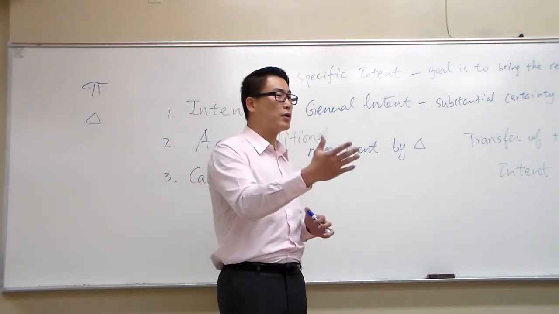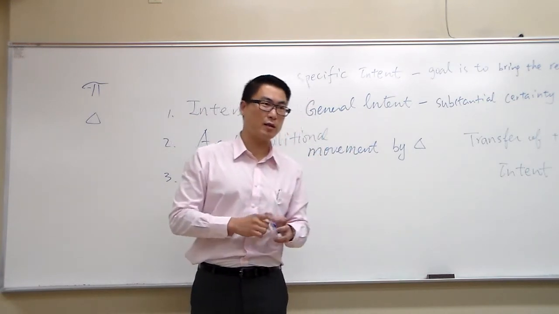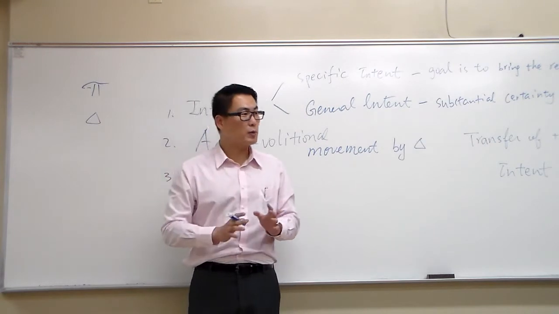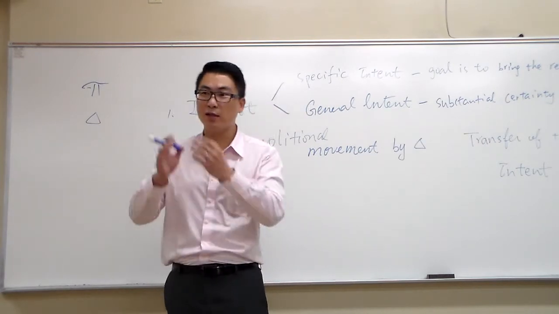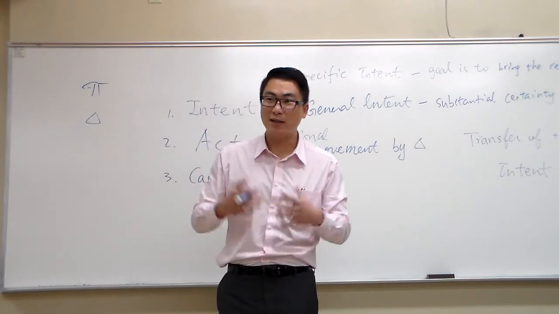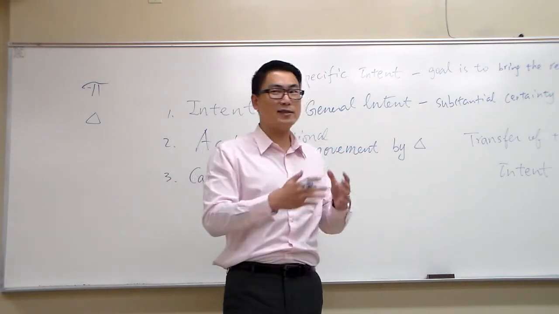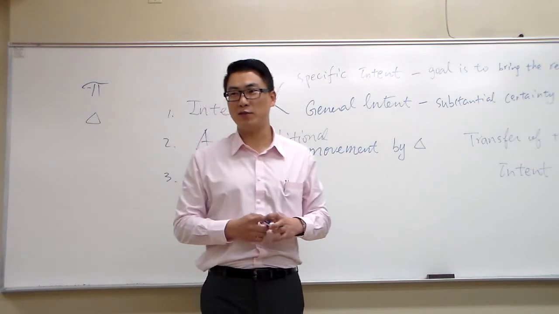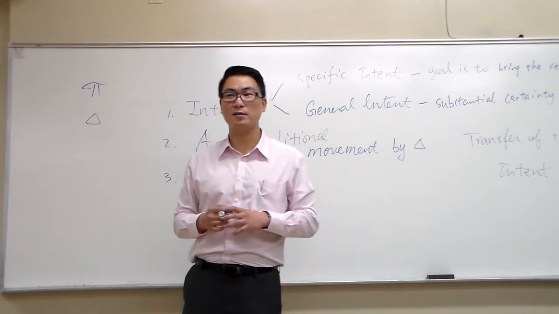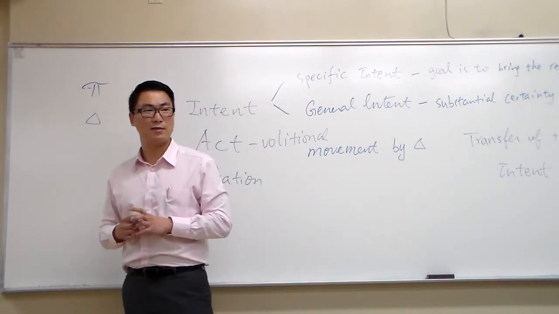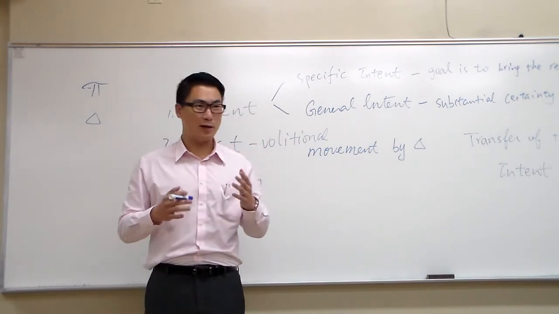Now, can your defense be, no, you cannot sue me for battery, because I never had the intent to hit you, Melinda? I only intended to hit Mr. Lee. Well, is that a valid defense? Why?